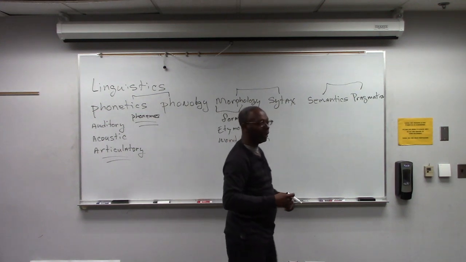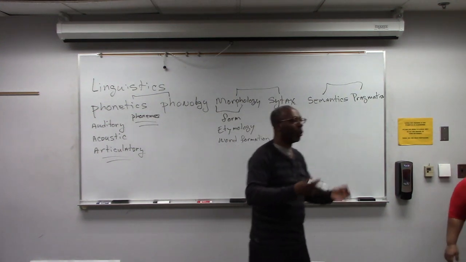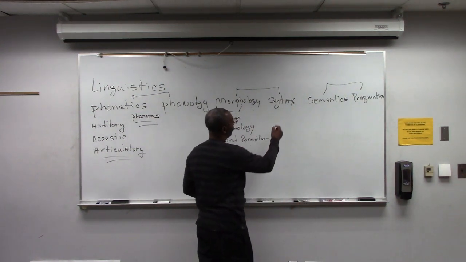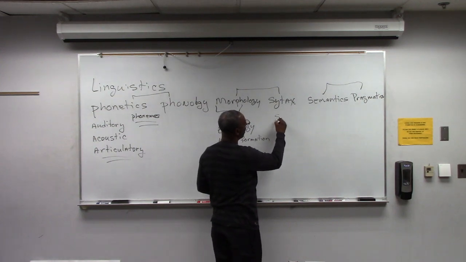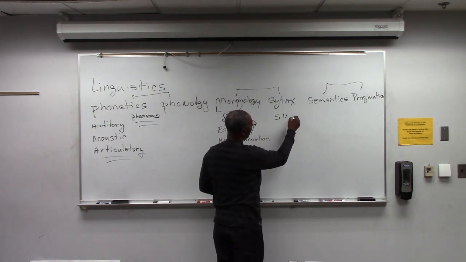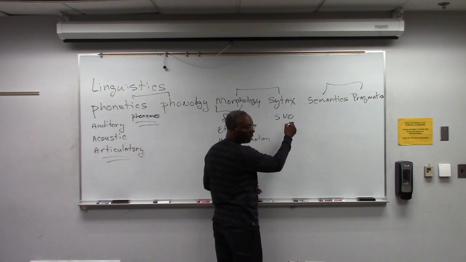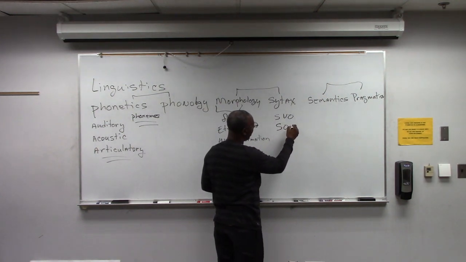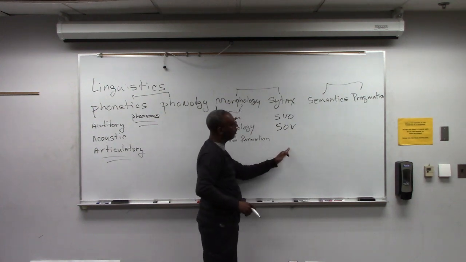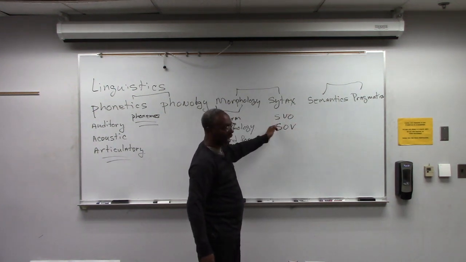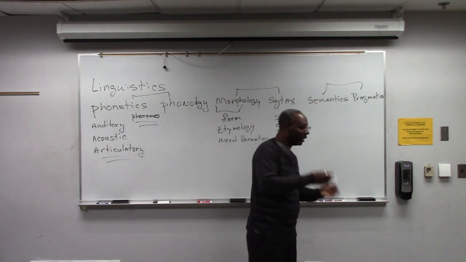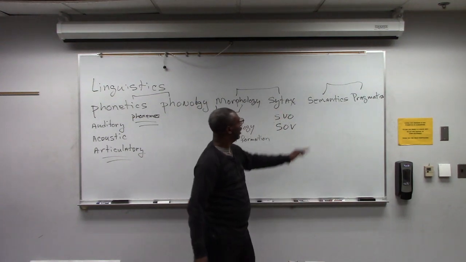Syntax is how you put words in order. You might be familiar with subject, verb, object in English, and subject, object, verb in other languages. Syntax, the ordering of words, sentences, and phrases.